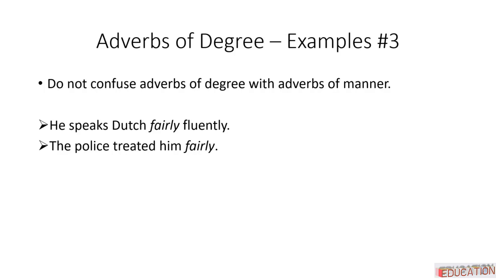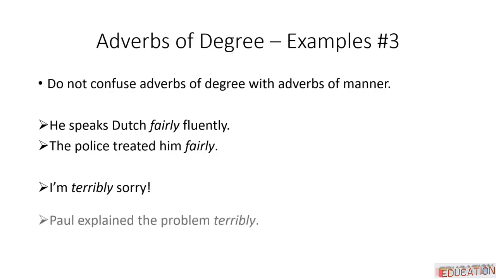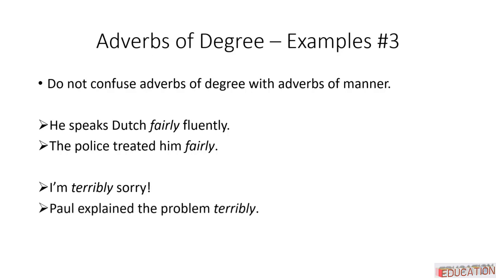Now as you'll learn in the adverbs of manner, that answers the question, how? So how did the police treat him? They treated him fairly. And let's look at one more example quickly. I'm terribly sorry. I was terribly sorry. I really am very, very sorry. Or Paul explained the problem terribly.